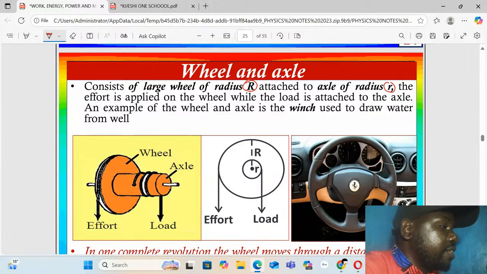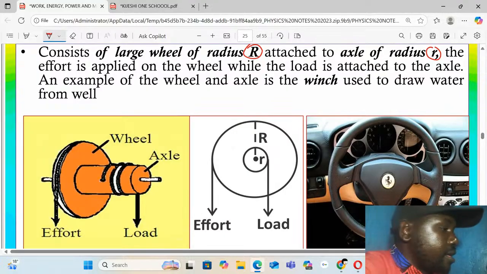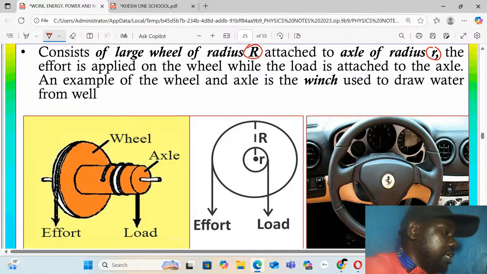Then the effort is applied on the wheel, as you can see clearly from the diagram, while the load is attached to the axle. An example of the wheel and axle is a winch used to draw water from the well. This happens more in the coastal areas where we have some wells which are very short. So we have the winch. It is like this.